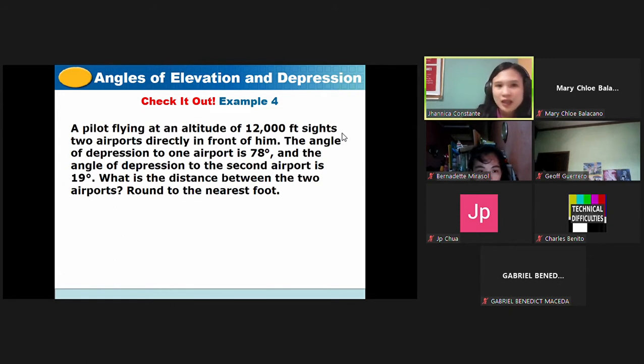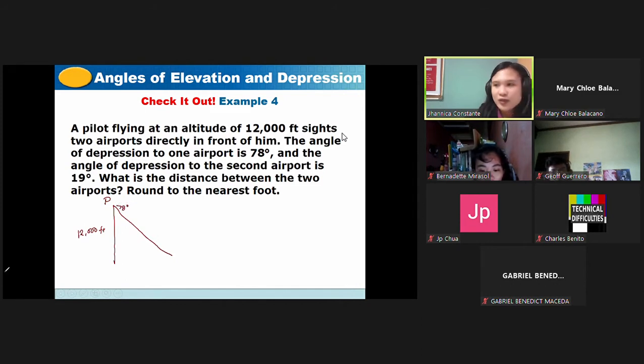So let's say that the pilot is flying from an altitude or height of 12,000 feet. This is where the plane is. The first airport that he saw has an angle of depression of 78 degrees.